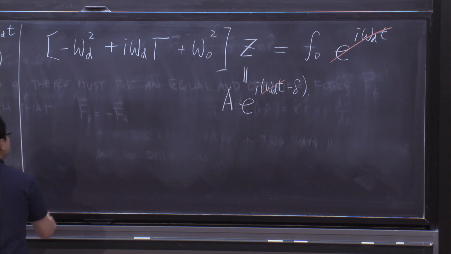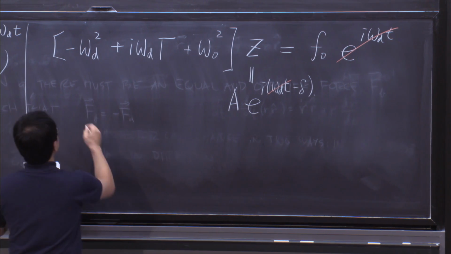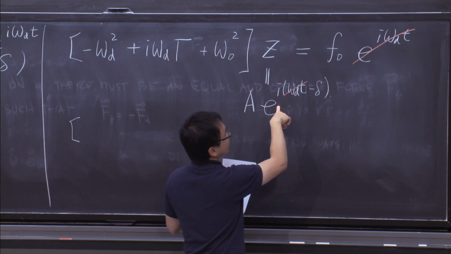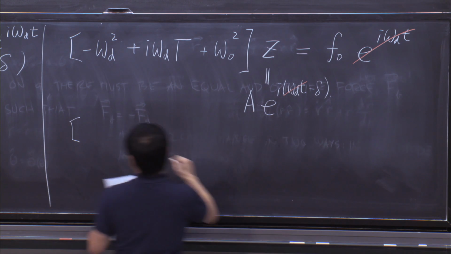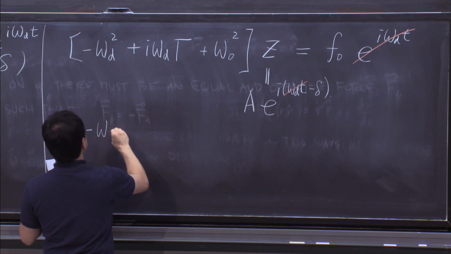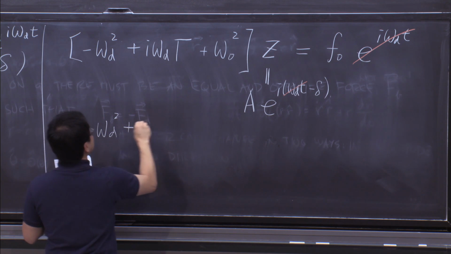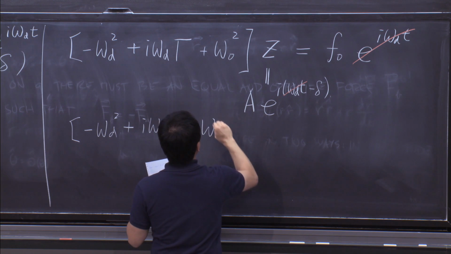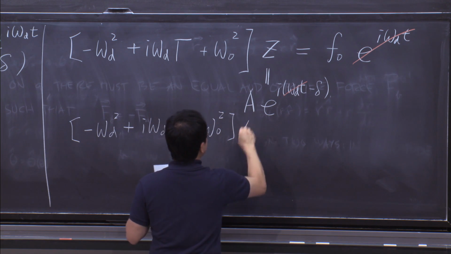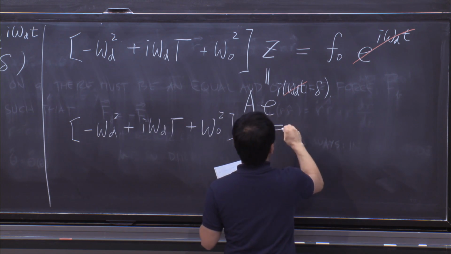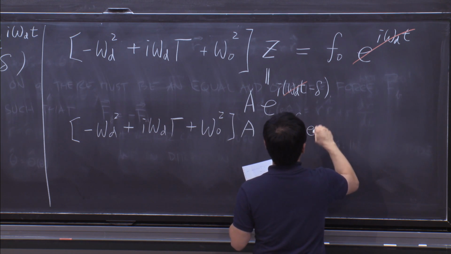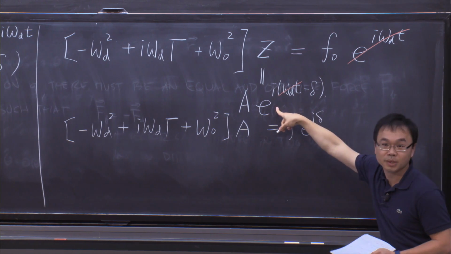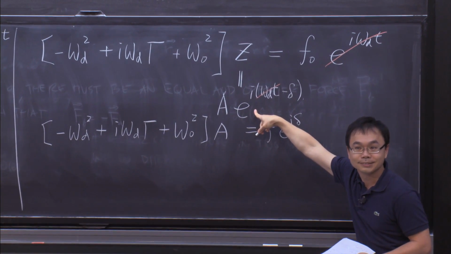Basically, if I multiply both sides by exponential i δ, then I get (minus ω_d squared plus i ω_d gamma plus ω_0 squared) A, and this is equal to f0 exponential i δ.